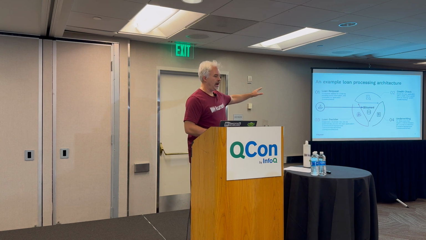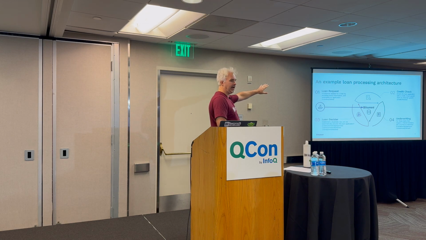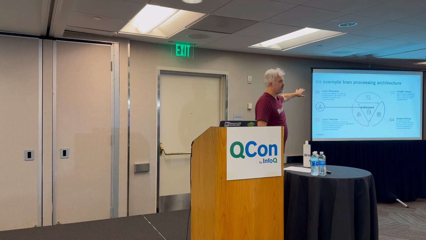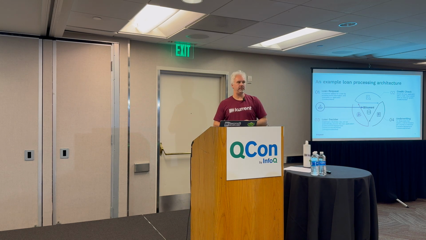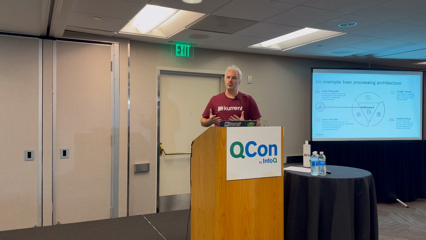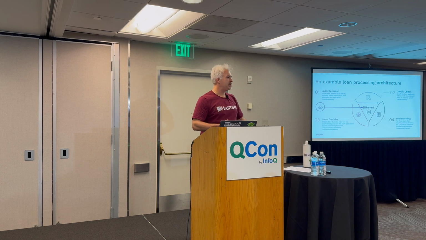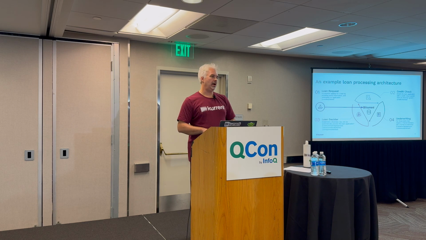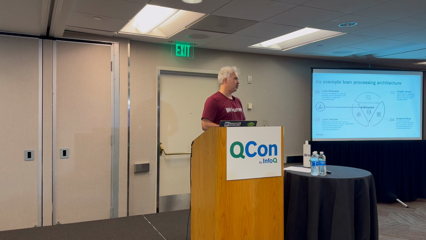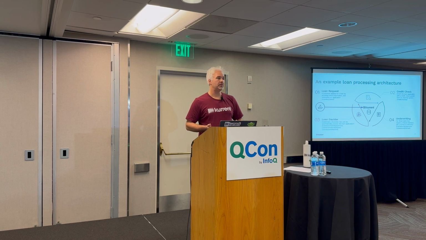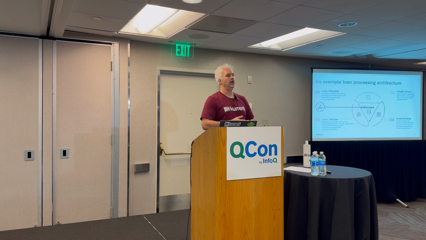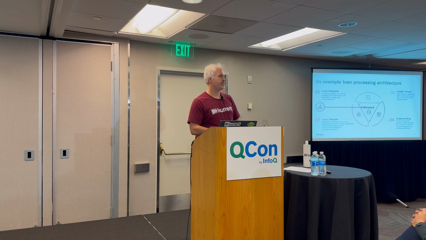The first step I have here in the top left-hand corner of my event-native loan request system is the loan requester itself. So this would be a piece of code, a website, a mobile app, something where a human being is sitting down and applying for a loan, putting in their personal information: your name, your address, phone number, how much money you want, where you work, how long you've been there, that sort of stuff.